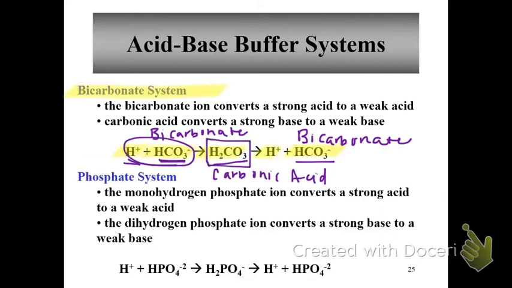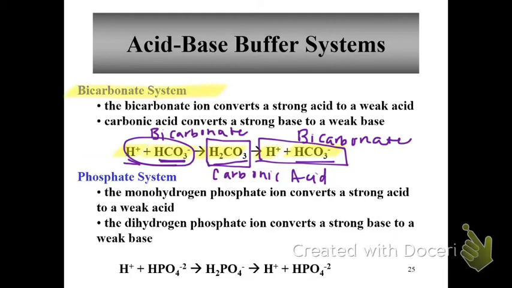And then carbonic acid could turn around and make hydrogen plus the bicarbonate. So the bicarbonate ion actually converts a strong acid into a weak acid. Carbonic acid then converts a strong base to a weak base. So it's just the conversion system trying to get the pH of your blood right at that 7.4.